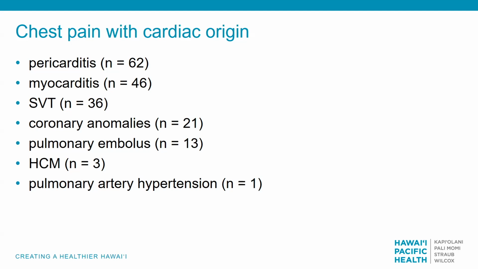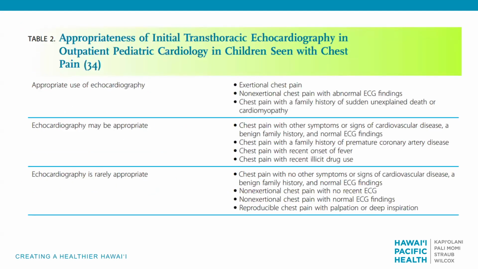And that brings me to another review article, also in Pediatrics, that told you what is the appropriate use of echocardiogram. And you can see on the top, it's exertional chest pain. That's when you need to order an echo. And I think the most important part here is history taking.